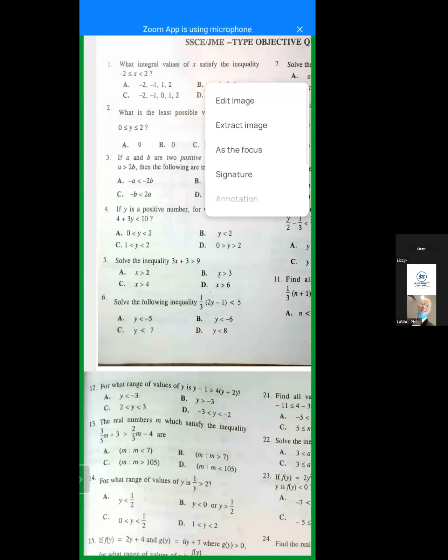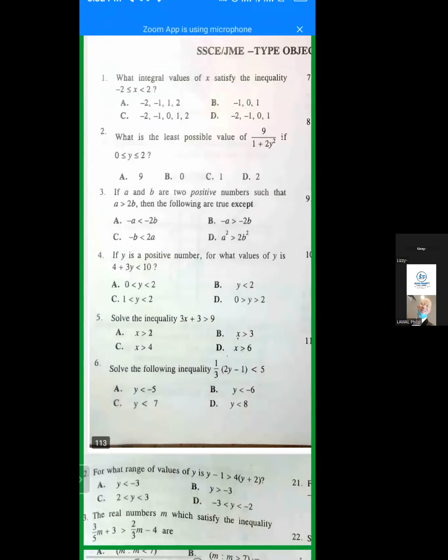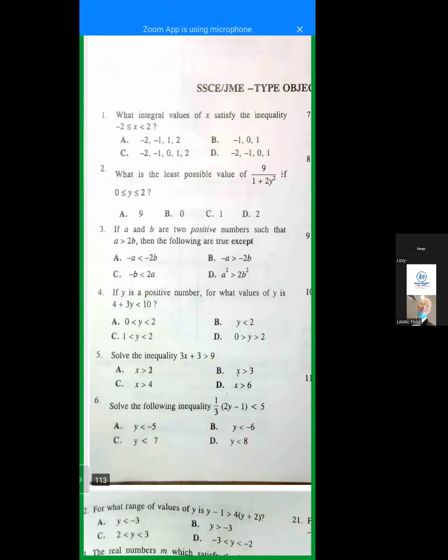These are JAMB type of questions that you can check. These ones are simple ones, so you can screenshot if you want. This is 1 to 6 of the questions. Lay your hands on any one of interest, and I can also show you the other part.